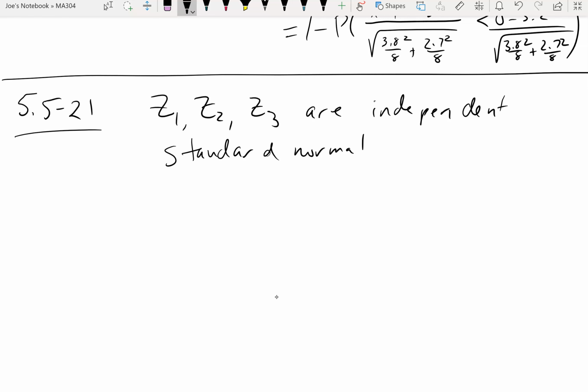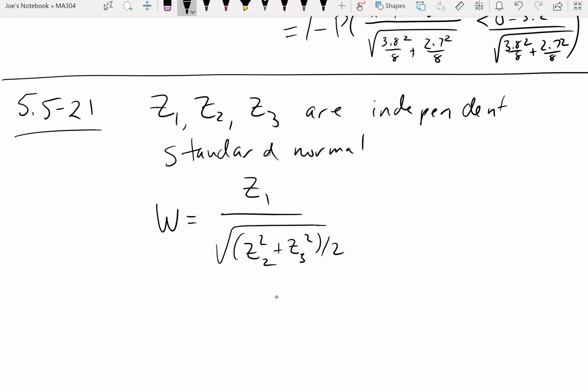The problem asks, if you let W be Z1 divided by the square root of Z2 squared plus Z3 squared, over 2, what's its distribution? It also asks you something for part B. I'm only interested in part A for this particular one.